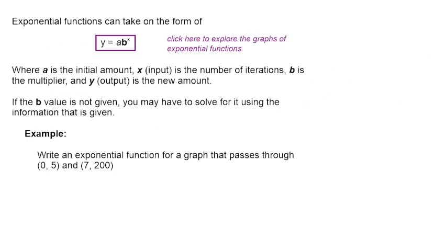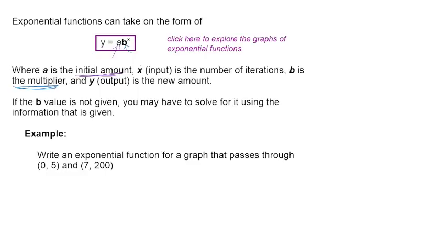Okay, so let's deal with a couple of word problems, and then we'll be done for today. Exponential functions can take the form of this, which we kind of looked at previously: a times b to the x power. So a is the initial amount. B, on the other hand, is the multiplier, okay?